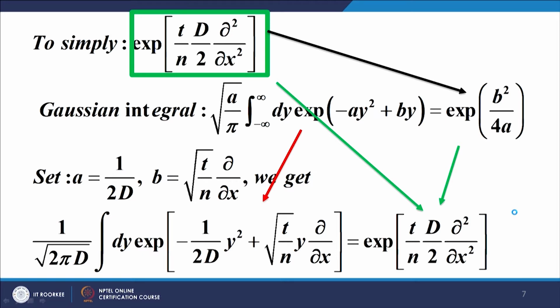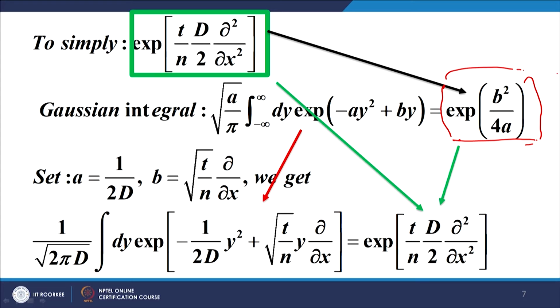This expression that I put now within the box, if I make the substitution on the right hand expression of a equal to 1 upon 2D, b equal to under root t upon n del by del x, then this right hand corner expression becomes precisely the expression that we started with.